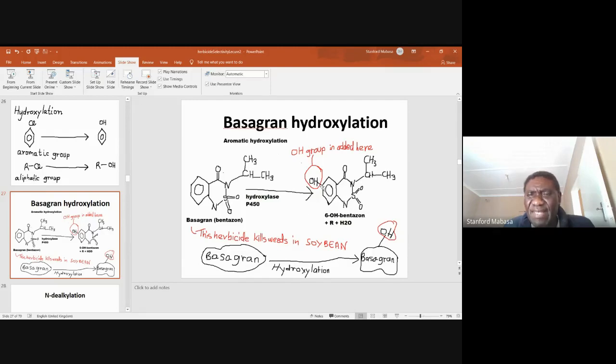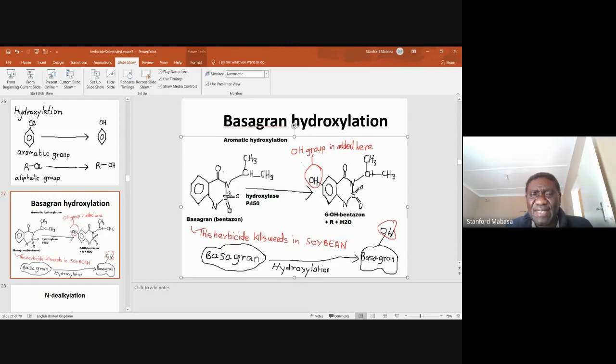Now, once you have added OH, Basagran will lose its phytotoxicity. This could be happening in soybean because when we apply Basagran to kill weeds in soybean, most of the broad leaves are killed, but Basagran does not kill soybean.